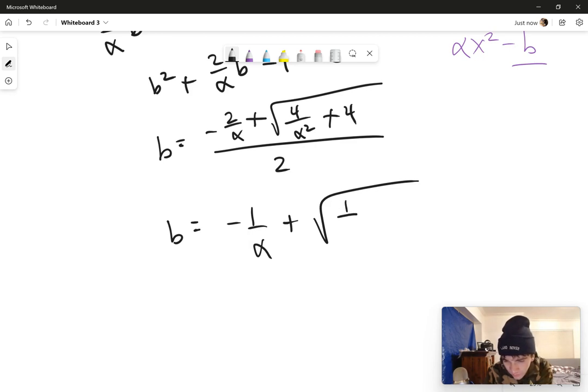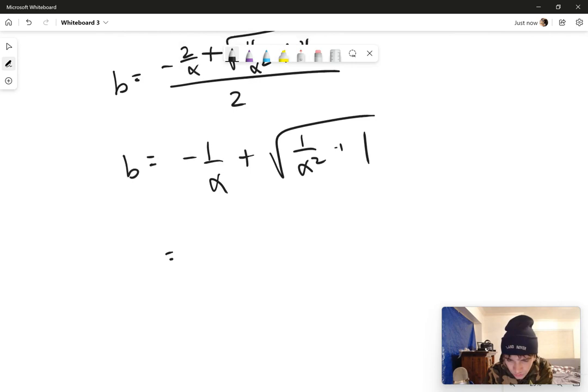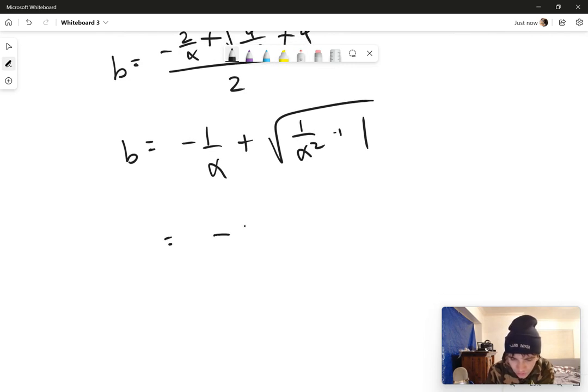Okay, so let's go back to our equation here. We have alpha x squared minus b, and so this is now alpha x squared plus 1 minus the square root of 1 plus alpha squared, over alpha. Okay.